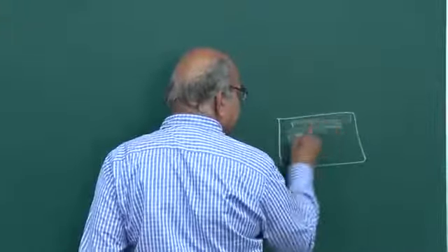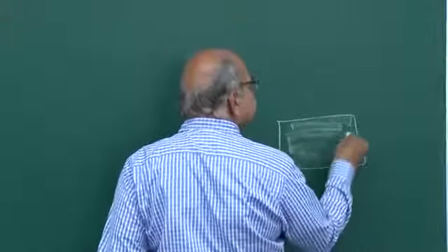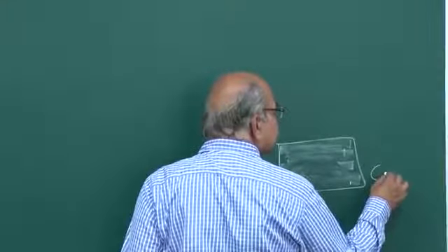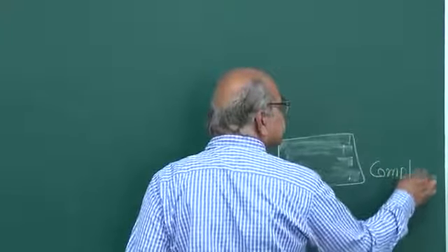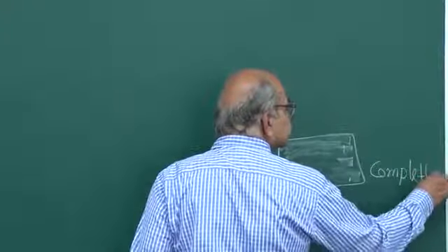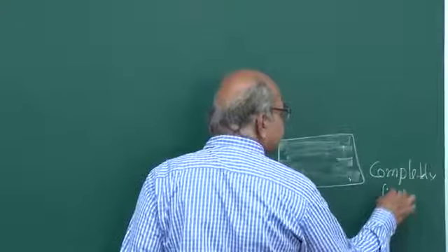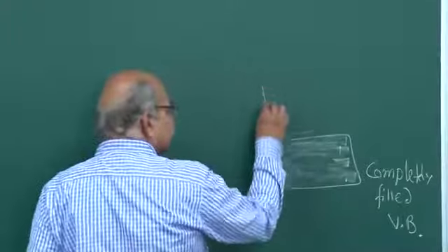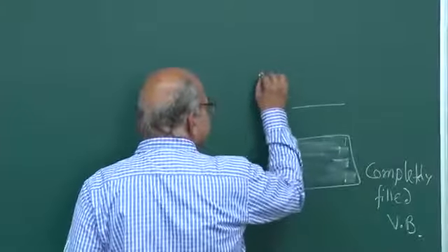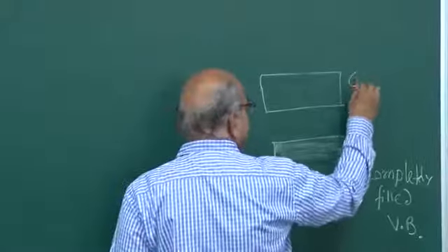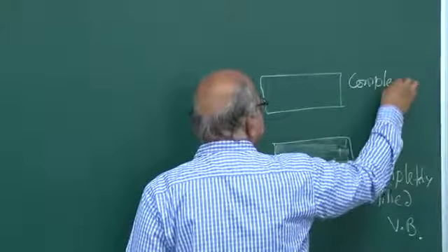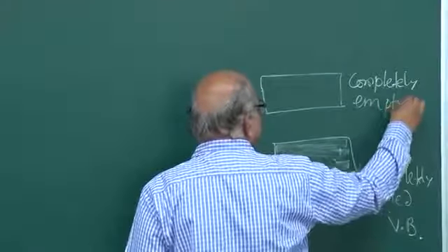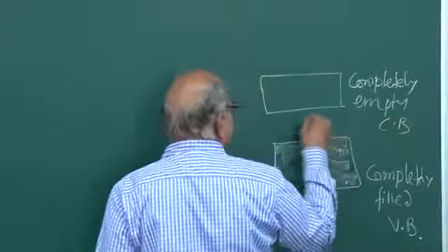This is the valence band, completely filled. And then you have a completely empty conduction band, with a gap Eg.